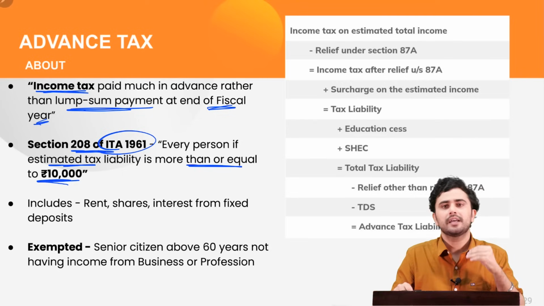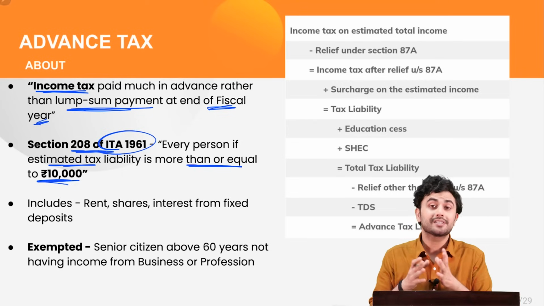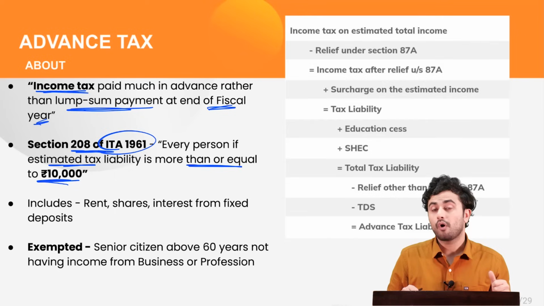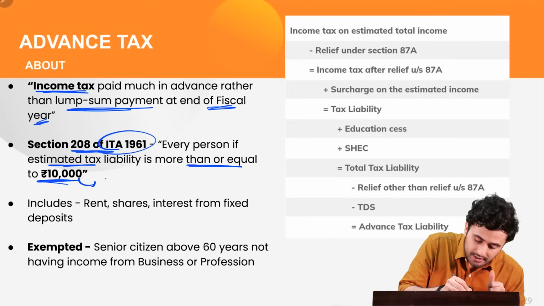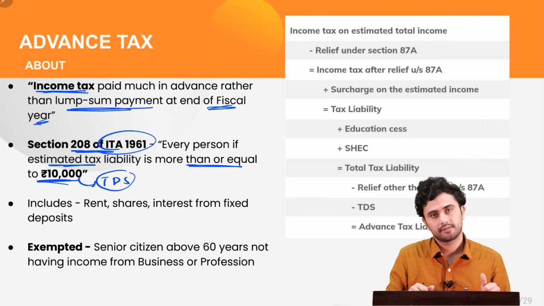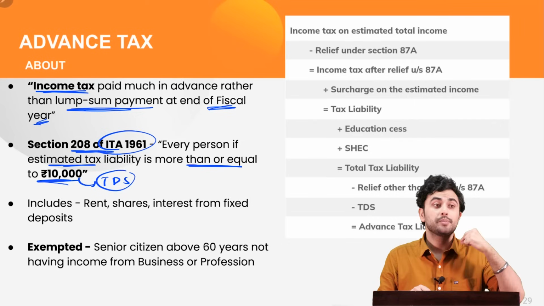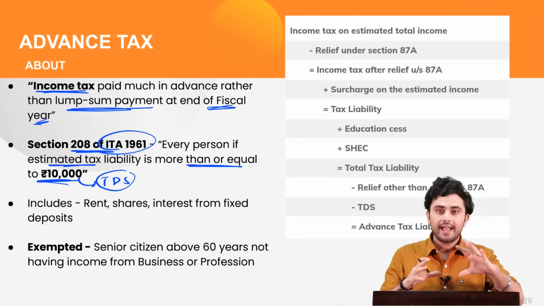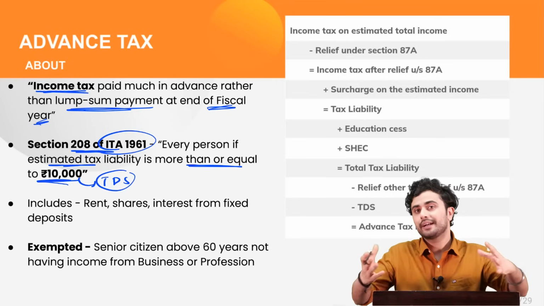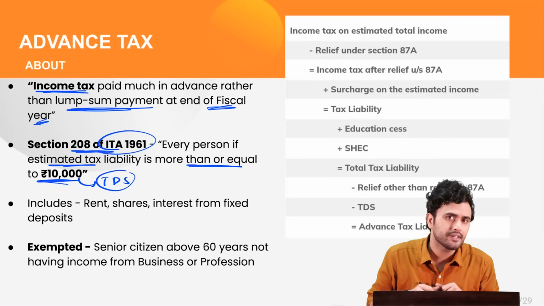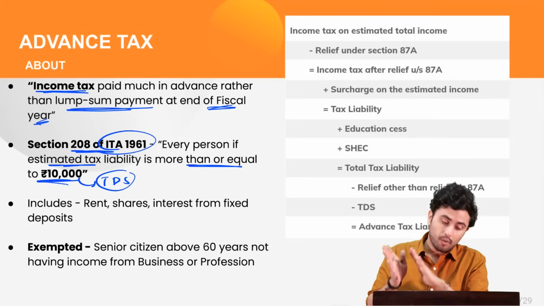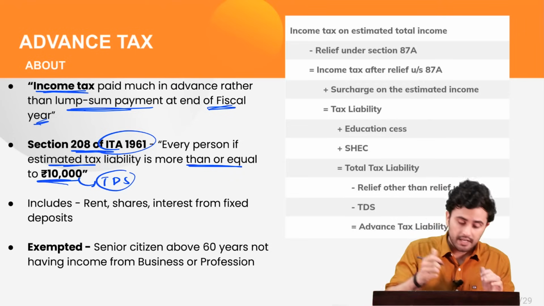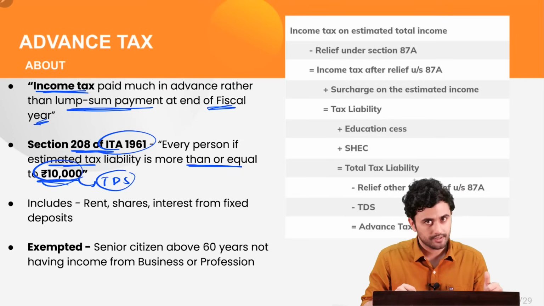Now keep this in mind that if you are a salaried professional, then the company which you are working for will itself do the tax deduction at source. Then the businessman, the self-employed person, or any person who is working in a micro and small industry, that person is required to do this advance tax payment if he is earning above rupees 10,000.